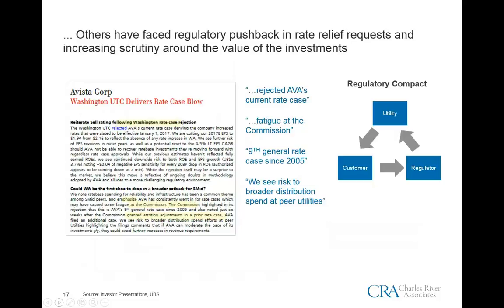Just rejecting Avista's rate case, this whole concept of fatigue at the commission, and UBS talking about this broader risk to utilities that they don't want to spend on distribution. It really asks whether this regulatory compact is going to work to drive sustainable earnings growth in an environment where you are seeing 2+% retail rate growth.